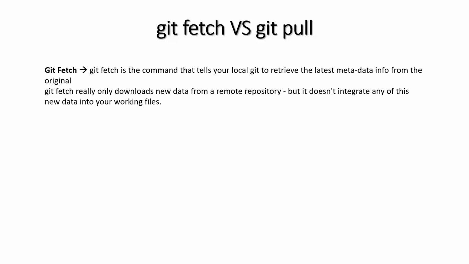So it means when we are using the git fetch command, this will download the latest changes from the remote repository, and this will update your local repository. This will not do any merge, meaning it will not merge the downloaded latest metadata, latest code into your working directory.